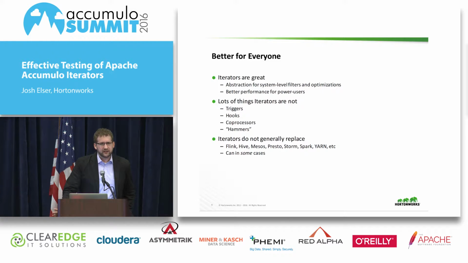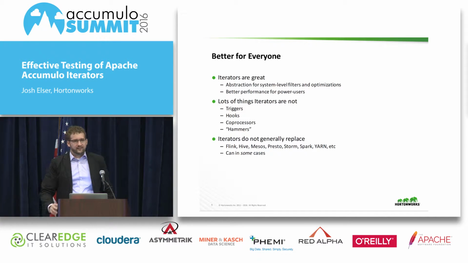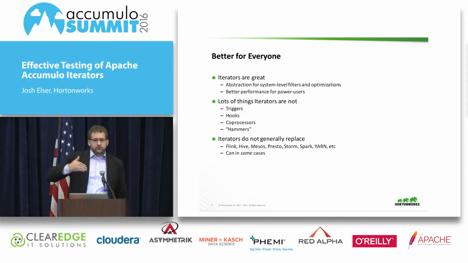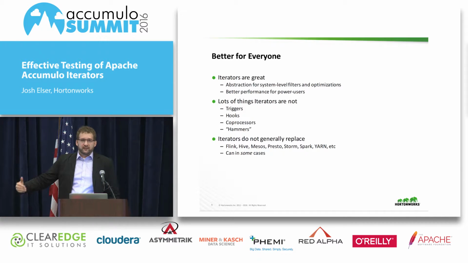In a similar fashion, they don't replace a general distributed execution engine. So there are things like Hive, Presto, Flink, this is some of the new hotness here. Tablet servers are not meant to be a general purpose execution framework. Iterators allow us to represent a very constrained set of problems that we can implement safely and efficiently in Accumulo.